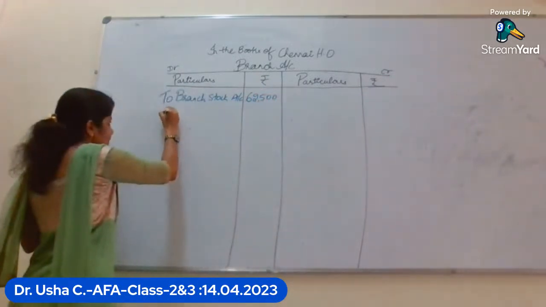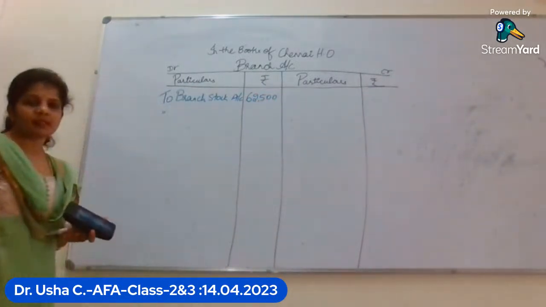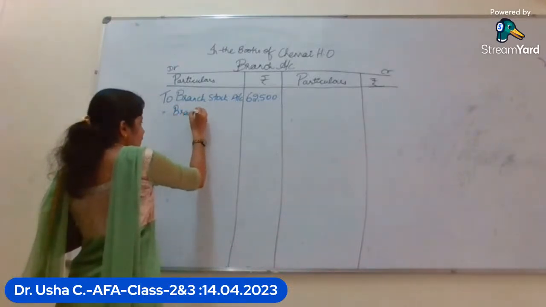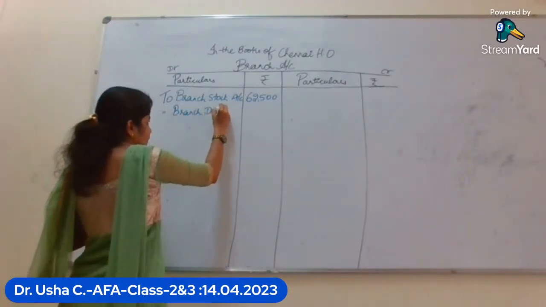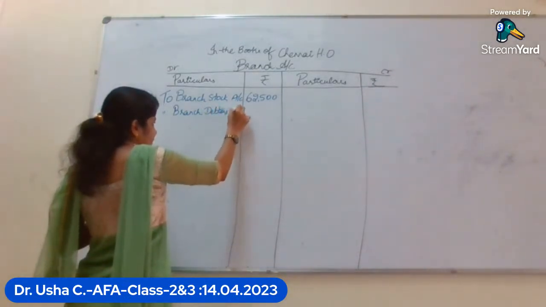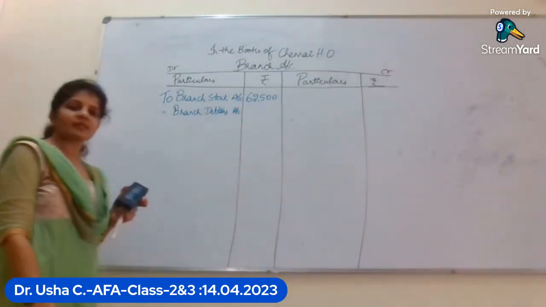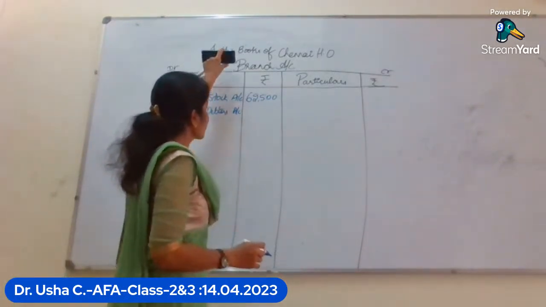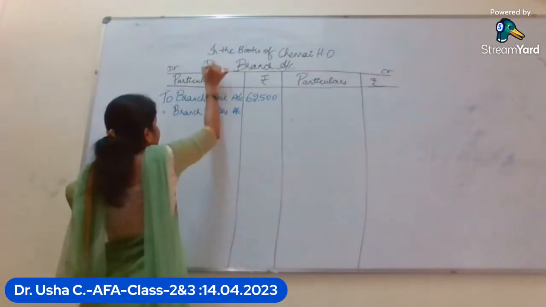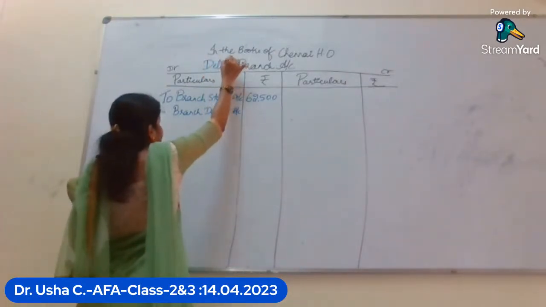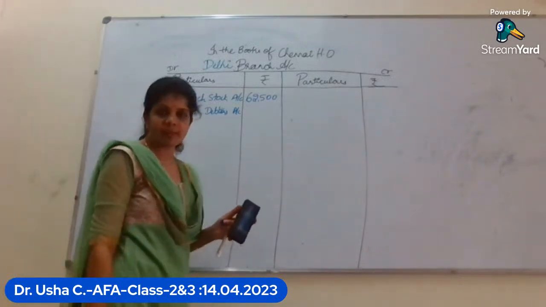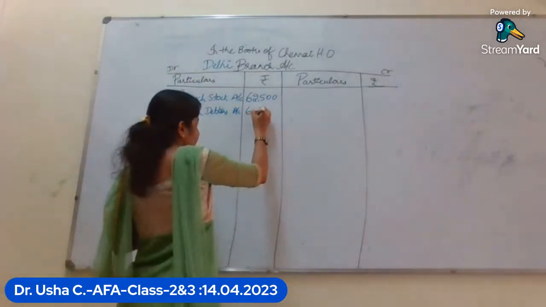Take all the opening branch assets. To branch debtors. They are not the general debtors. Which branch account? Delhi branch, correct? We have to mention even that. Delhi branch account, to branch debtors. What is the amount? 60,000.